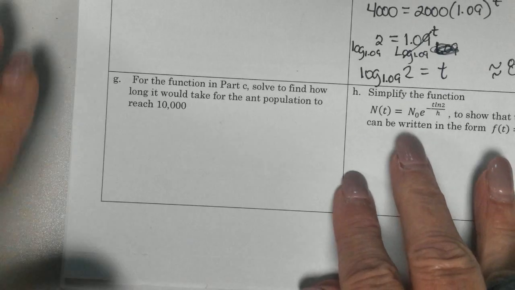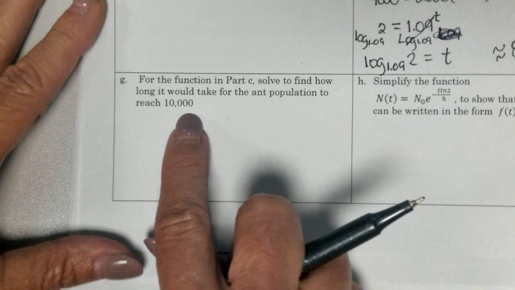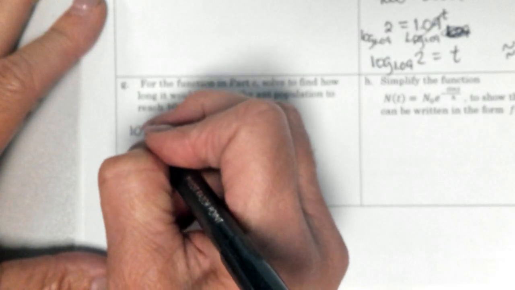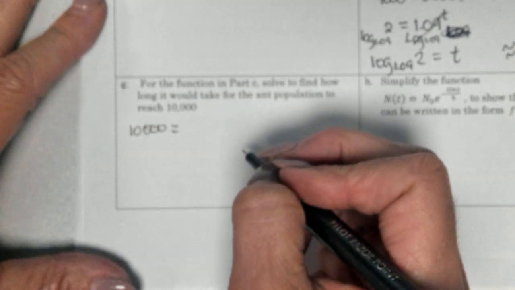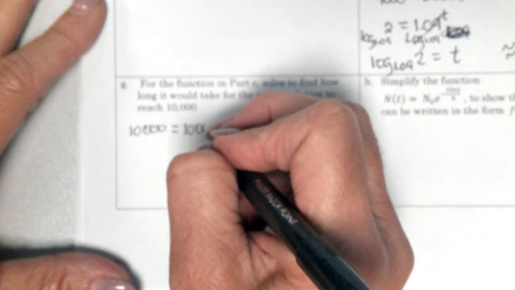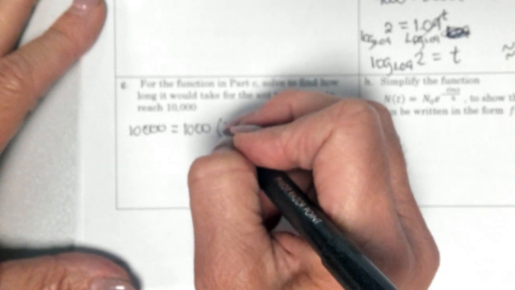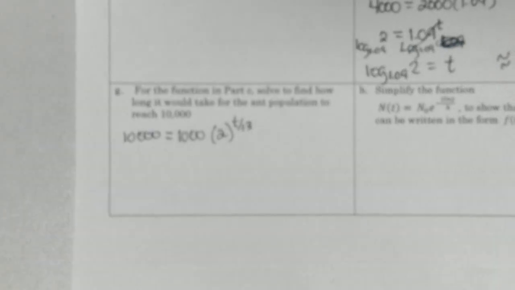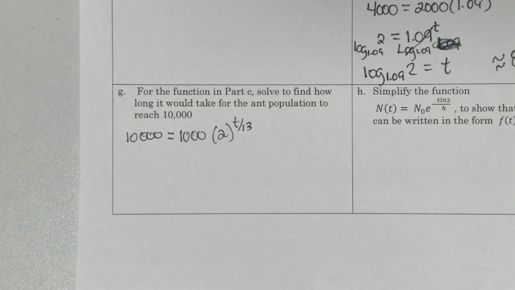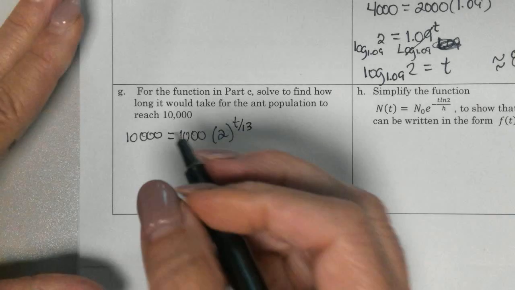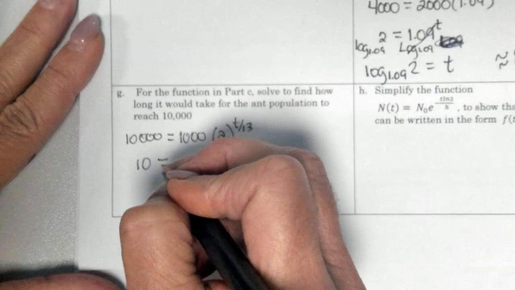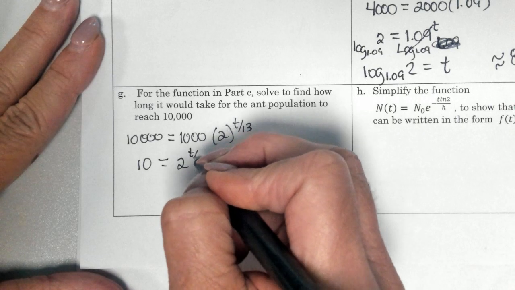So we want P of T to be 10,000. All right. Think about how we would go about solving this for time. Divide by 1,000. So we get 10 equals 2 to the power of T over 13.